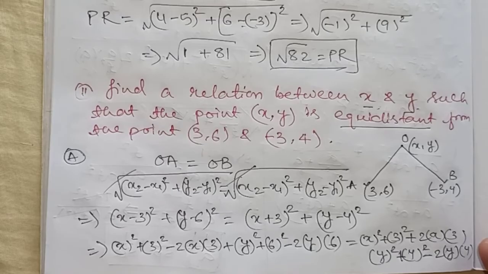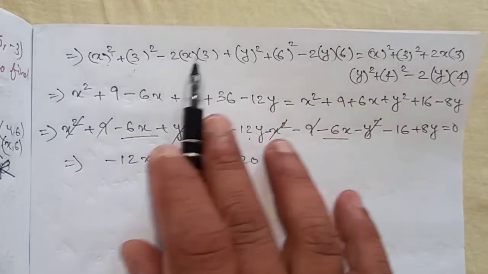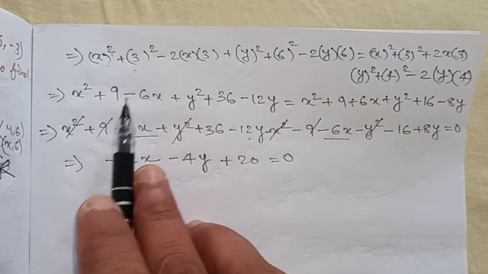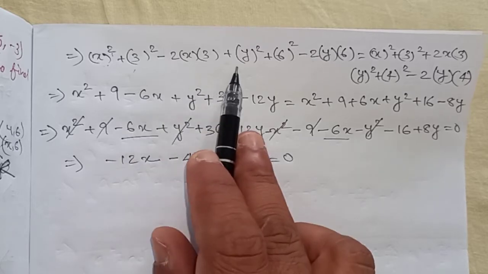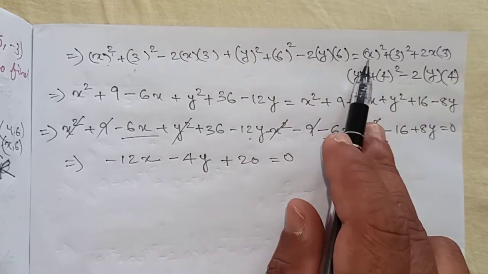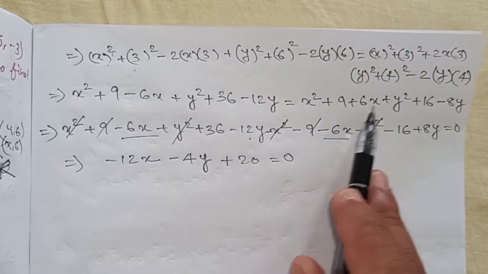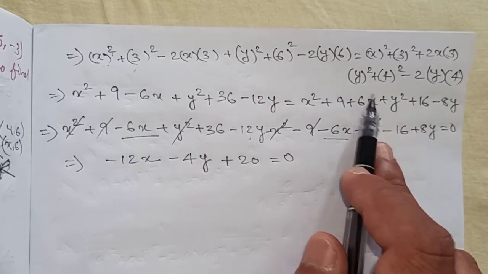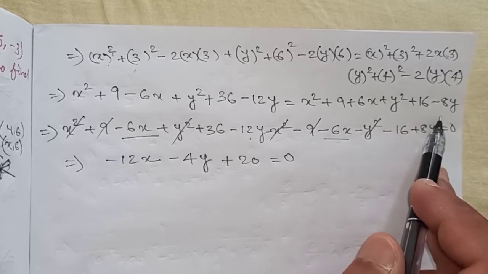Okay, now we will arrange the terms. After arranging them, we will get x square plus 9 minus 6x plus y square plus 36 minus 12y equals x square plus 9 plus 6x plus y square plus 16 minus 8y.